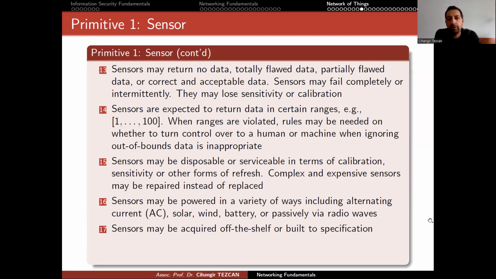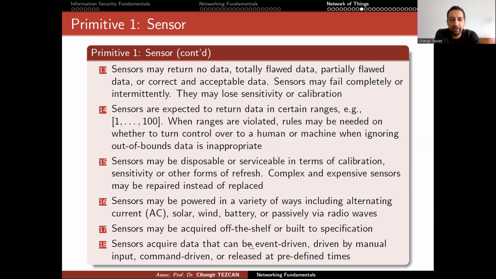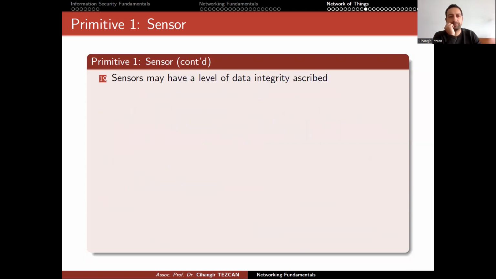Sensors may be acquired off the shelf or built to specification. Sensors acquire data that can be event-driven, driven by manual input, command-driven, or released at predefined times. This is important. It depends on the context. Sensors may have a level of data integrity ascribed.